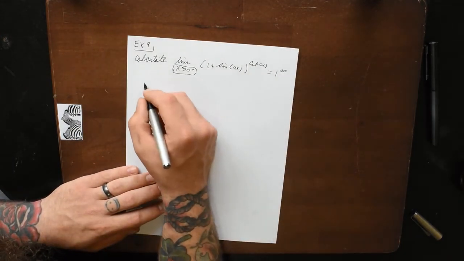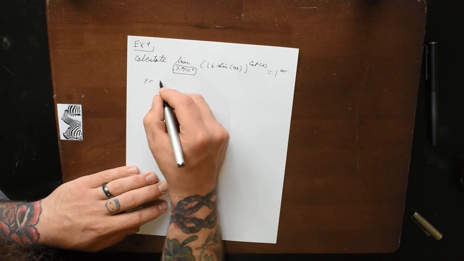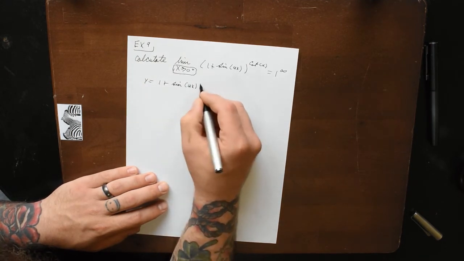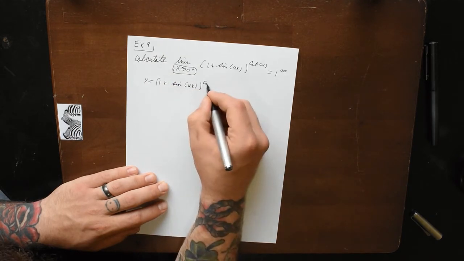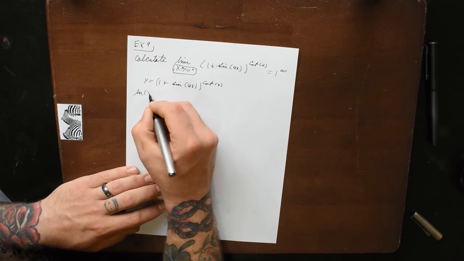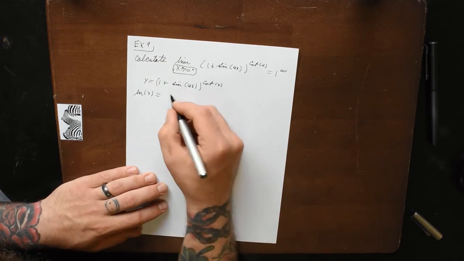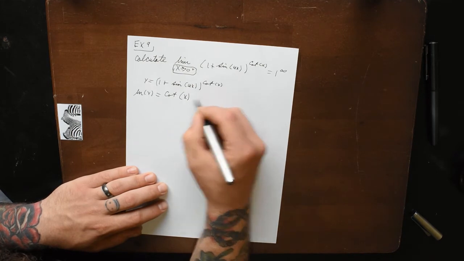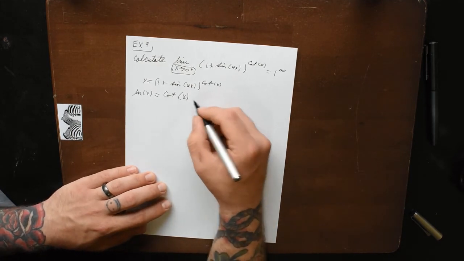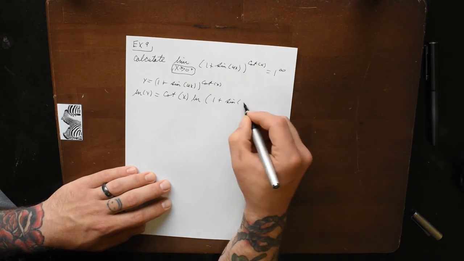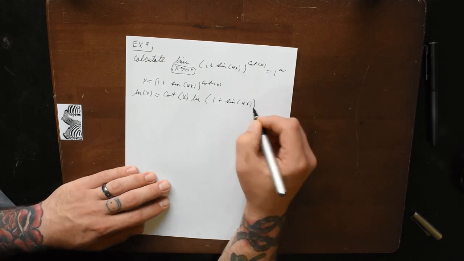Well, if we know that y is equal to 1 plus the sine of 4x to the cotangent of x, that means the natural log of y is equal to the cotangent of x times the natural log of 1 plus the sine of 4x.